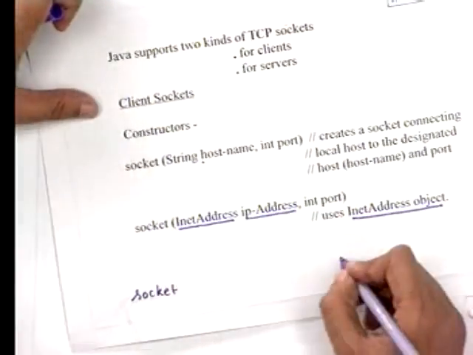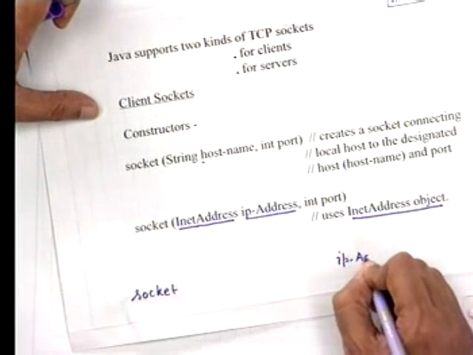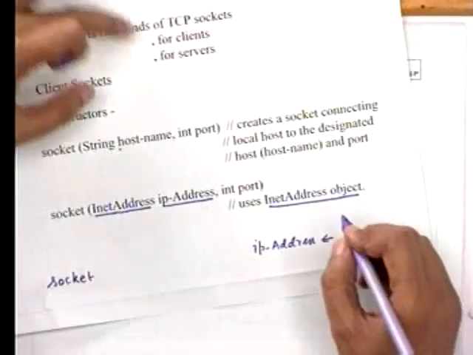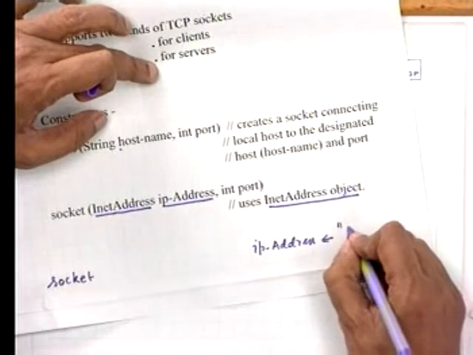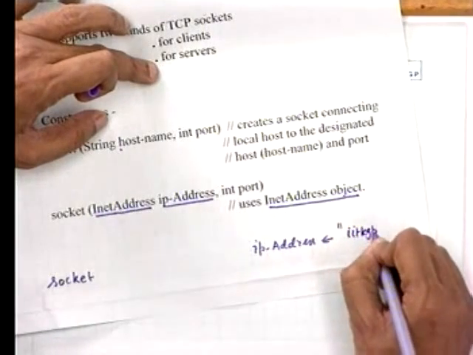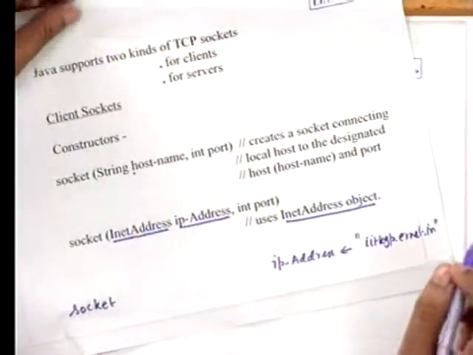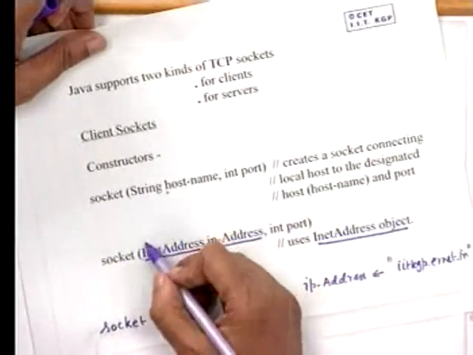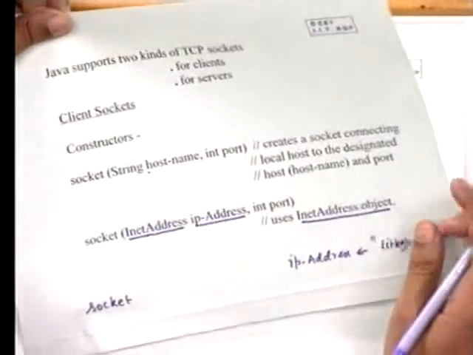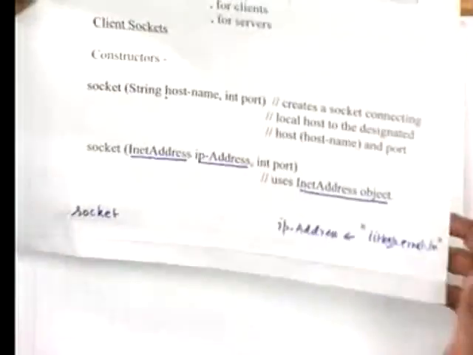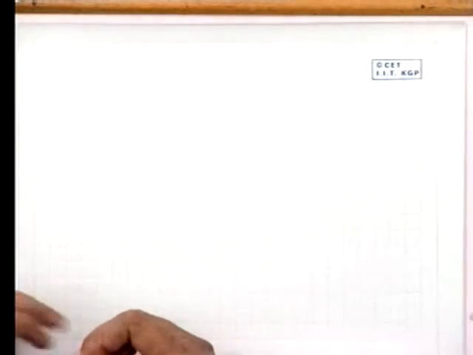I can specify a Socket and assign the address to something like iitkgp.ernet.in, or we can give the full address. This class InetAddress allows us to specify the address both as a simple domain name or in terms of its physical address, and we will see that later when we take more examples of this class.